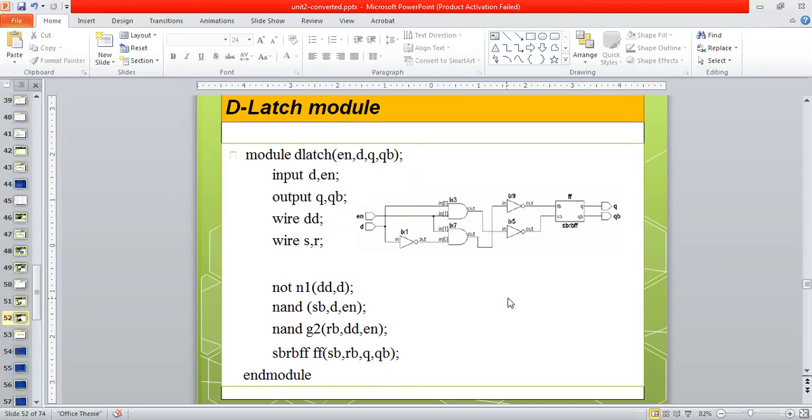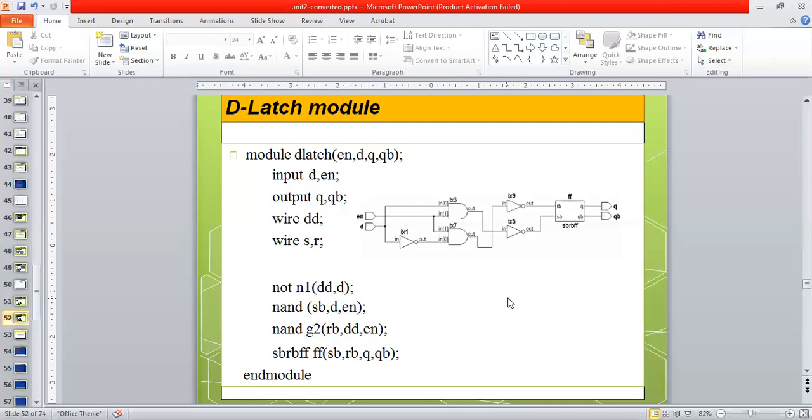So in this session, we implemented the SR latch as well as the JK flip-flop, and next one is the D latch here. Okay students, based upon this knowledge, this is an assignment for you.